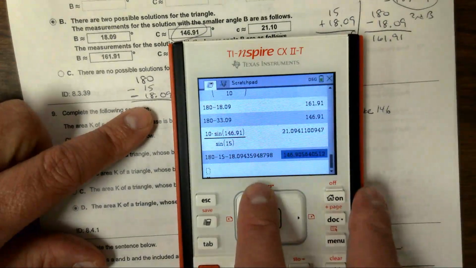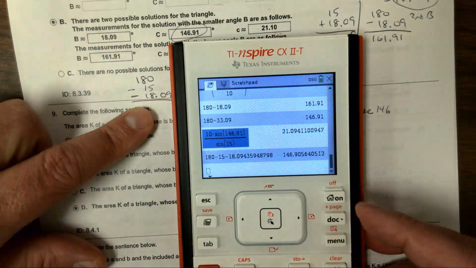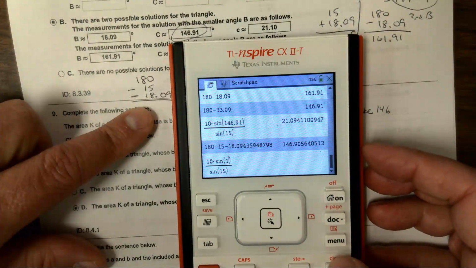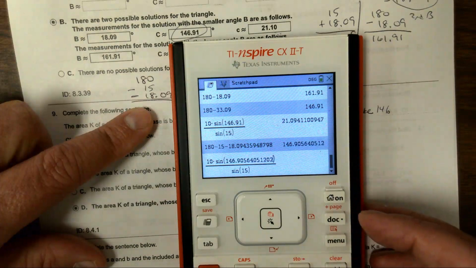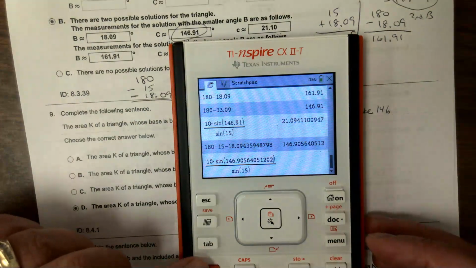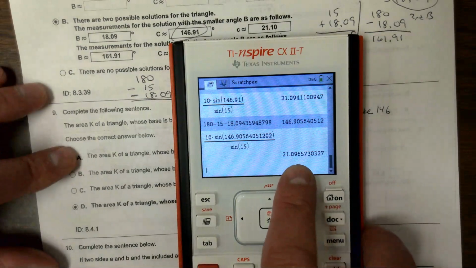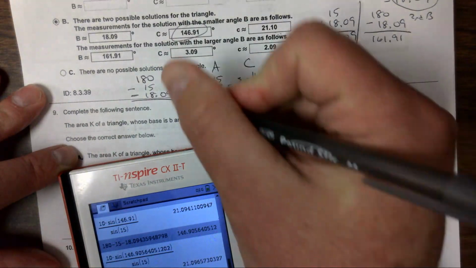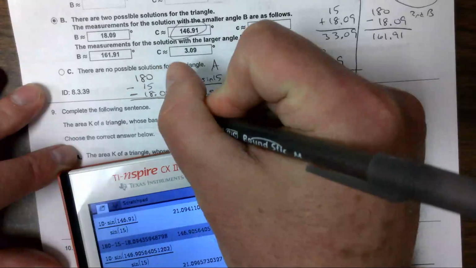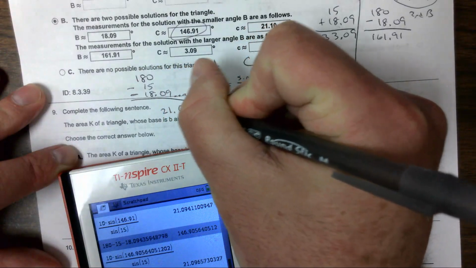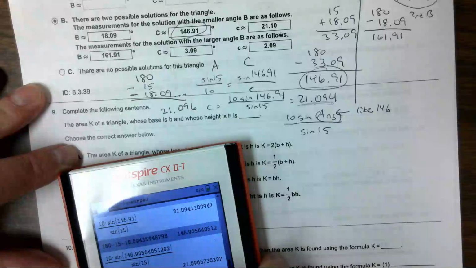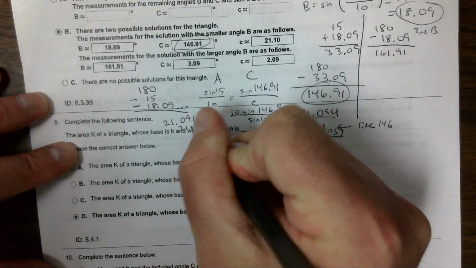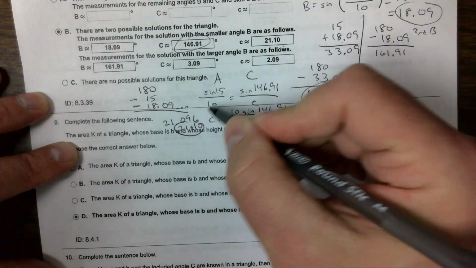And now we need to do this calculation and put this one there. So now that gives us 21.096. And so there we actually can make it 21.10, which is the right answer.